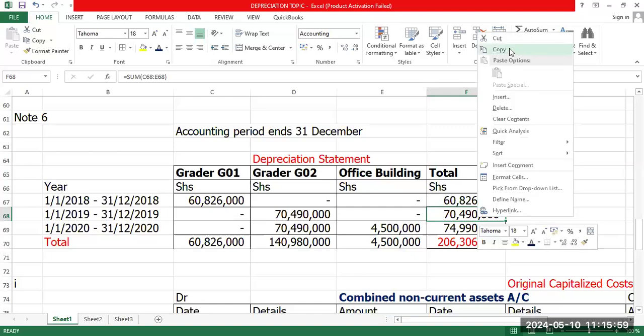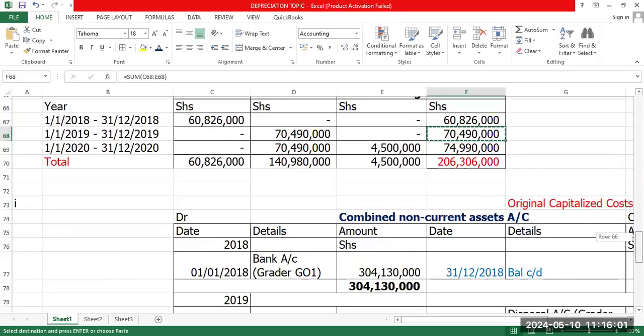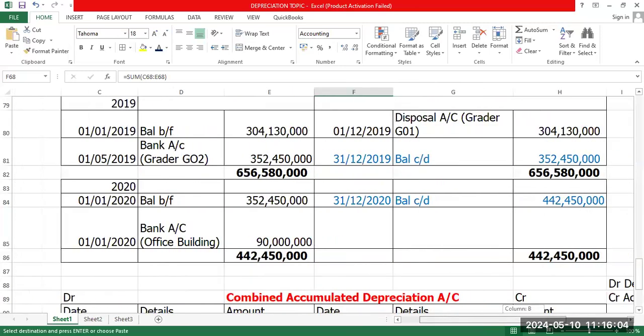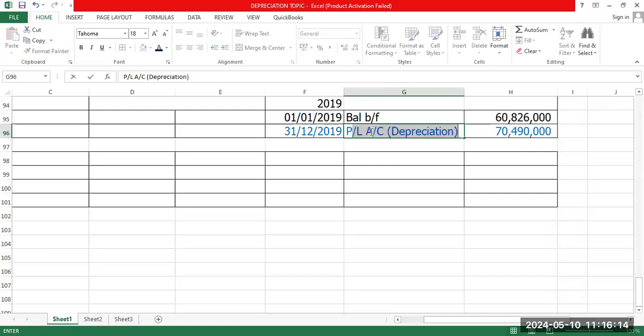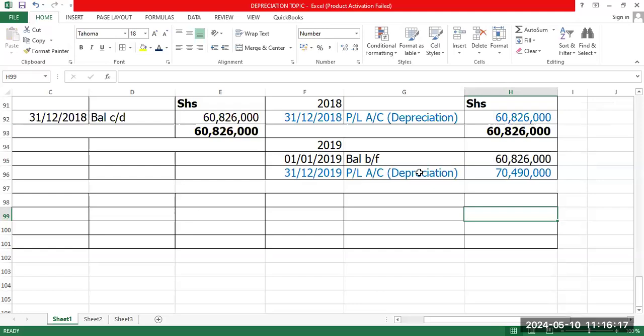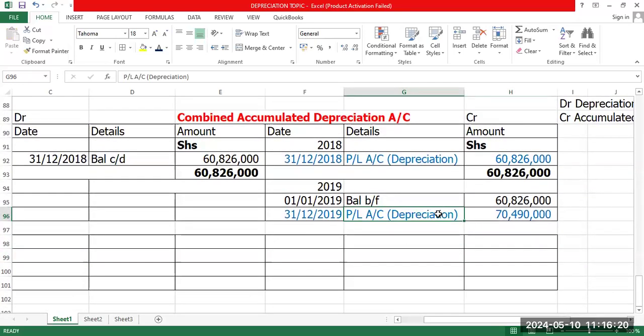So you just copy this one and write it here. And this will go to profit or loss as a depreciation amount. So when you observe, your depreciation keeps on increasing. The first one you had this, now you have this. So it means that your depreciation is accumulating.